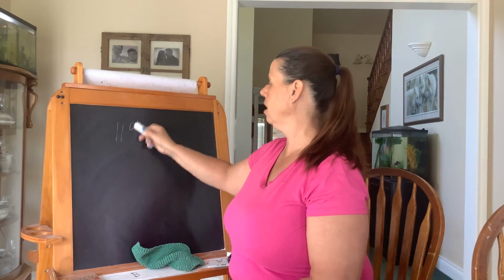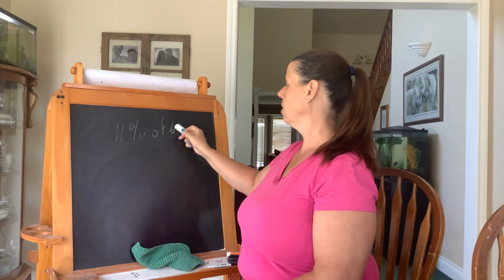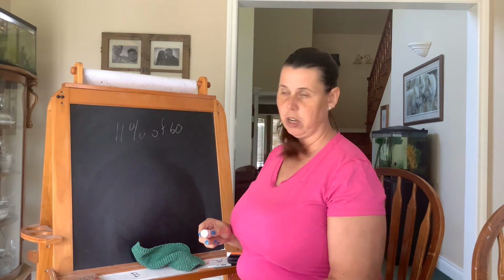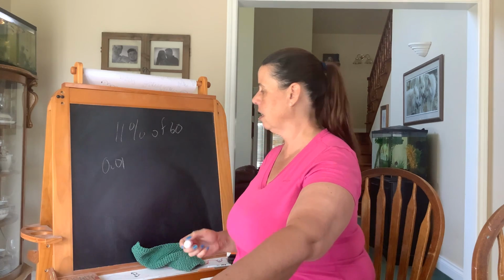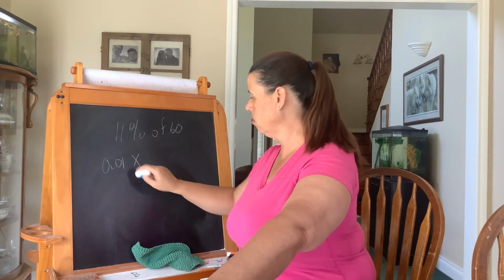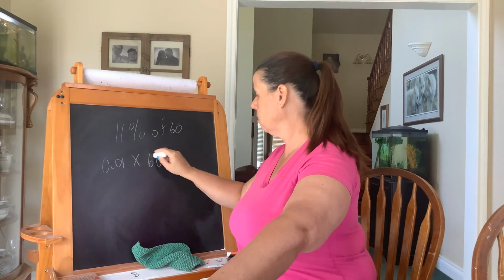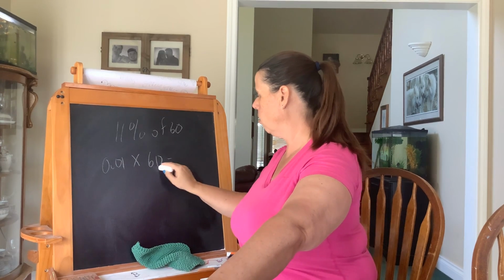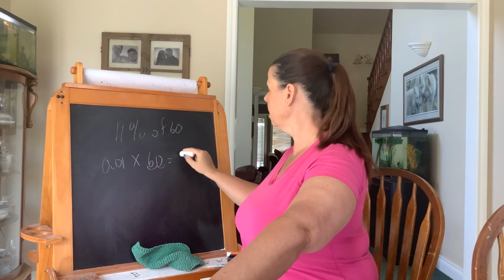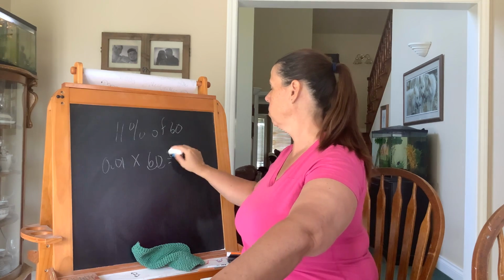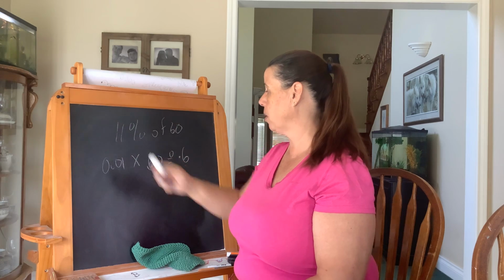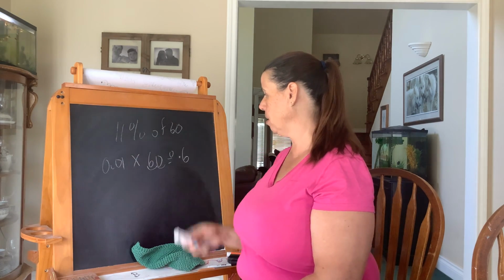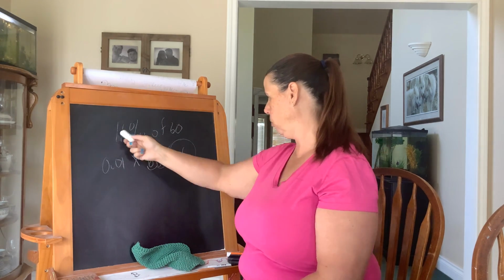Okay, let's try one more. How about 11% of 60? Okay, let's find 1% first. So decimal 01, that's 1% times of 60. 1% of 60, 1, 2 is decimal 6, or 0.6, right? But we need 11%, so we have to take this and times it by 11, because this is only 1, and we have 11.